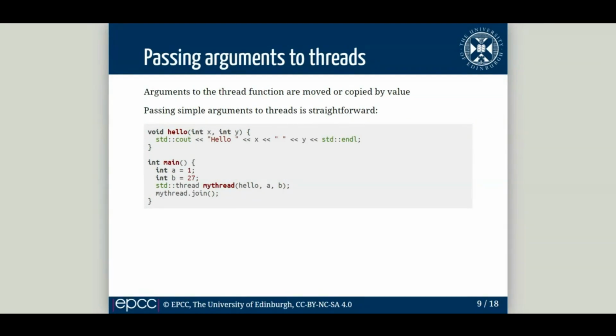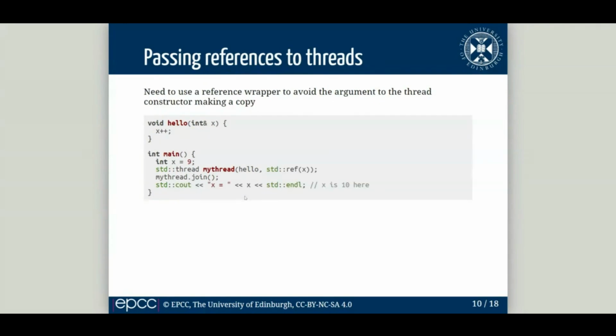This is important: it mentions that this is copied by value. So A and B, inside hello, if you modify X and Y, A and B in the main body will not be modified. Also, if you want to pass by reference rather than by value, you can do that. If for some reason you need to modify X, you send one argument by reference.